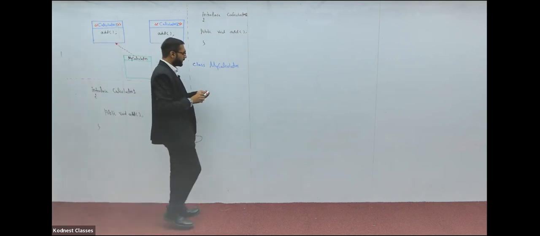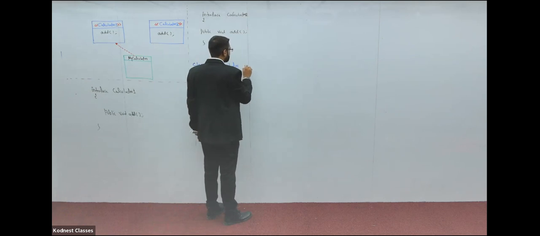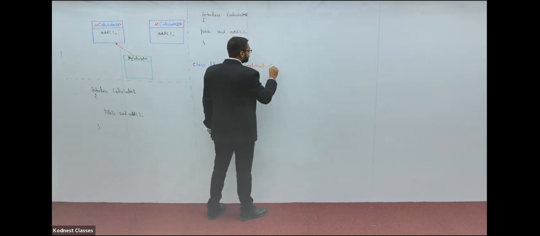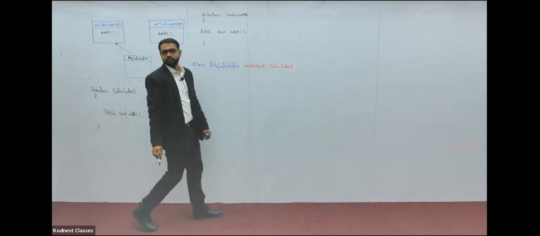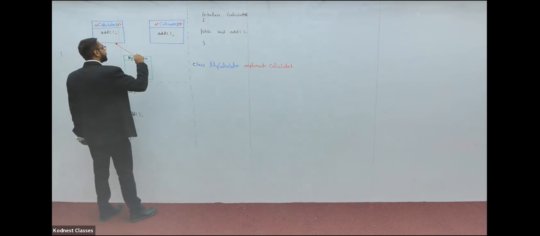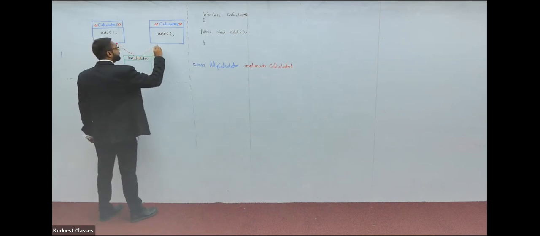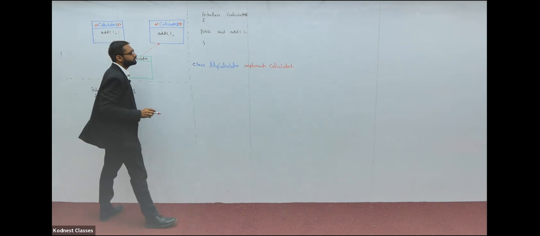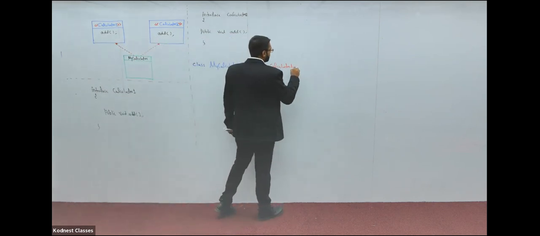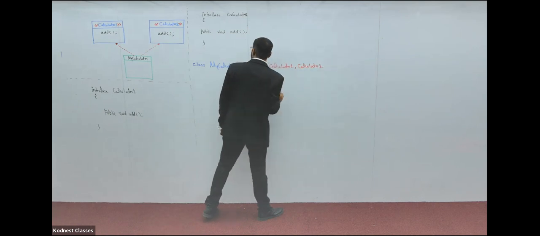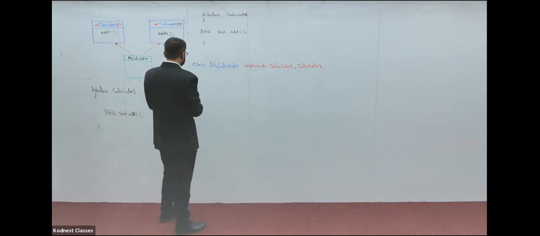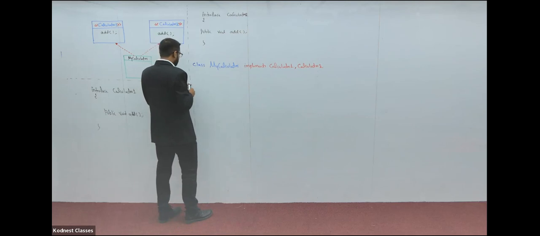So here I would say MyCalculator implements Calculator1. There I would not stop. I would say it will implement Calculator2, comma, Calculator2. Forget about Calculator2 for the time being.